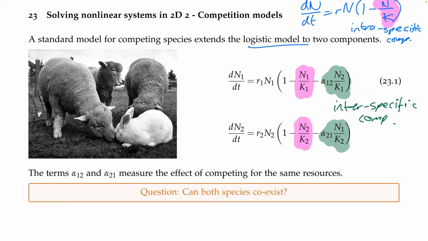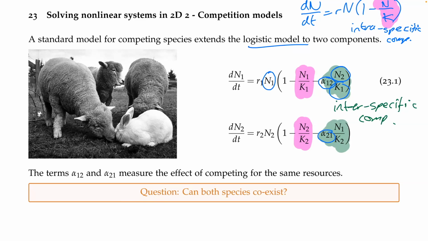So those are our carrying capacity terms on the bottom. And on the top, when we multiply this out, we're going to have our N1 getting multiplied by an N2 over K1. But we also have this alpha 1,2 term here. And likewise, in the second case, we have this alpha 2,1 term.